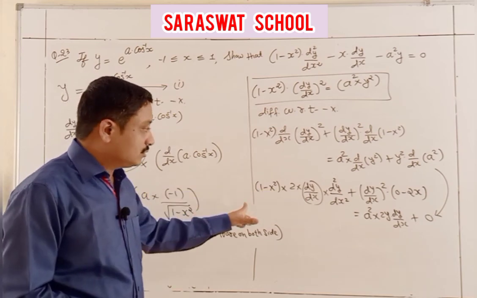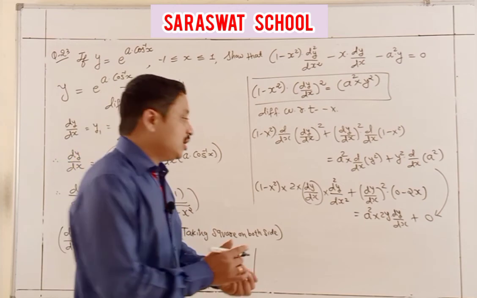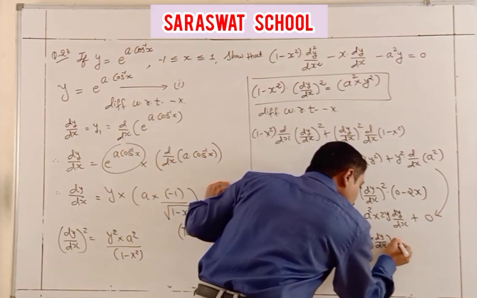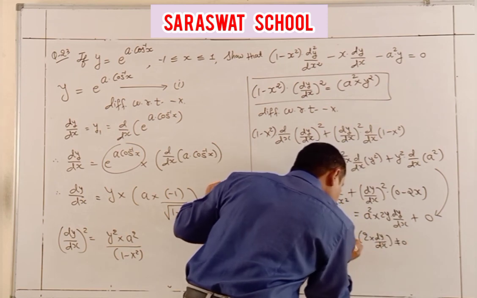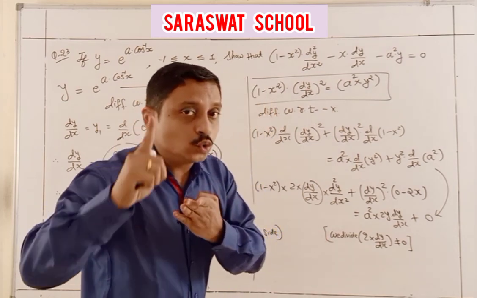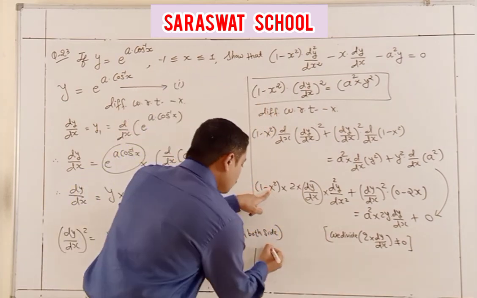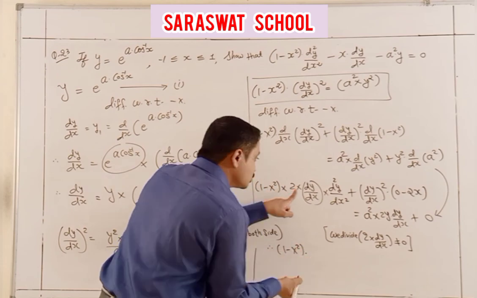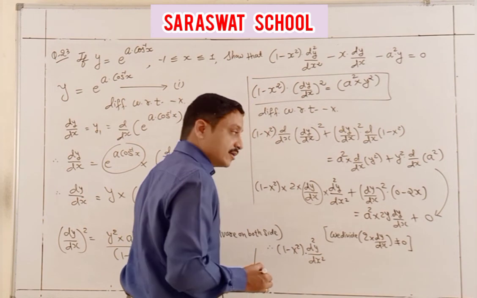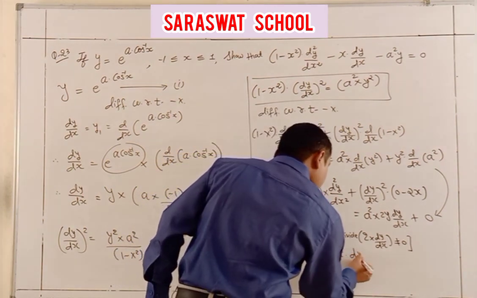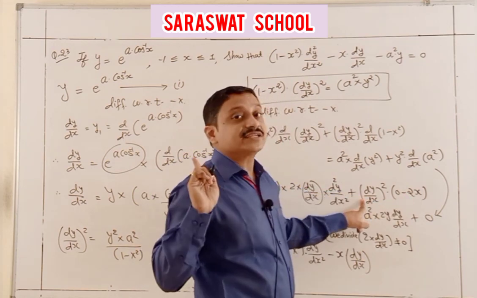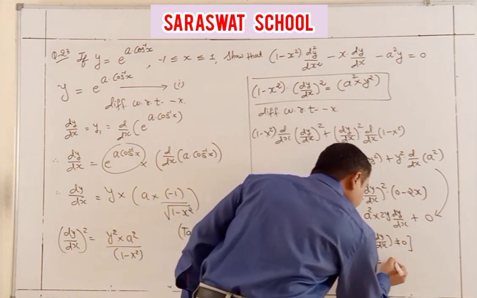Now overall, you have to take in common 2 into dy by dx, not equal to 0, and we divide. Yes students, dividing each term by 2 into dy by dx, you get only 1 minus x square d square y by dx square minus x into dy by dx, because here the 2 and 1 dy by dx are gone, and it is equal to a square into y.